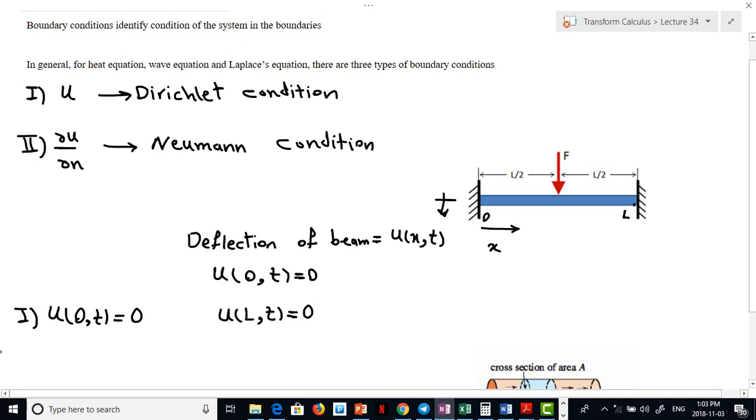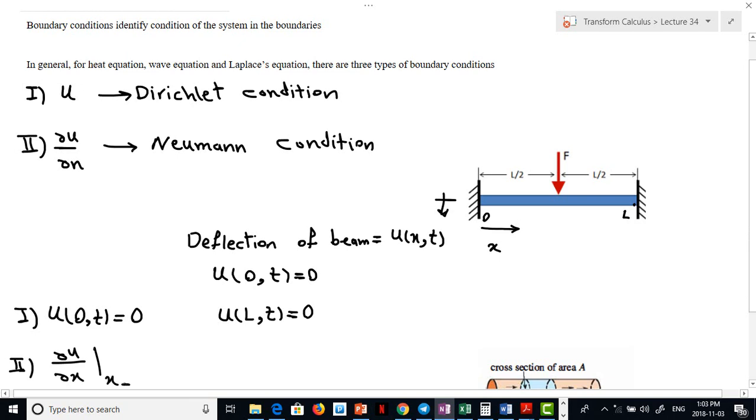For example, for the fixed beam, the second boundary condition, or Neumann condition, we know that in the fixed beam, the slope of deflection at the beginning and at x equal to L are equal to 0. The slope is the derivative of u with respect to x.